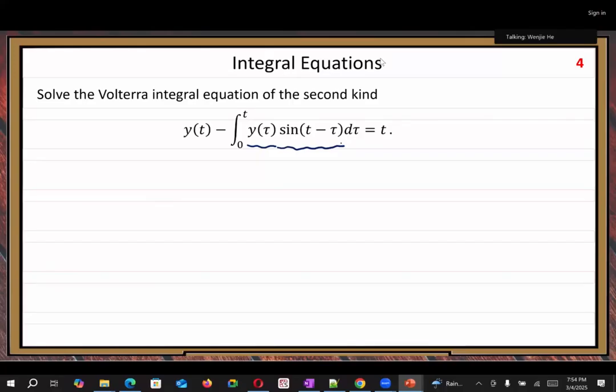But after you learn convolution, especially the convolution theorem, which is important here, we can solve it easily. Here you can see how important the tool is in problem solving.